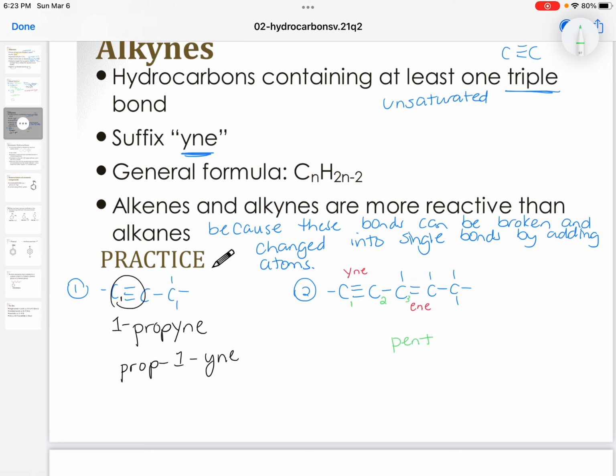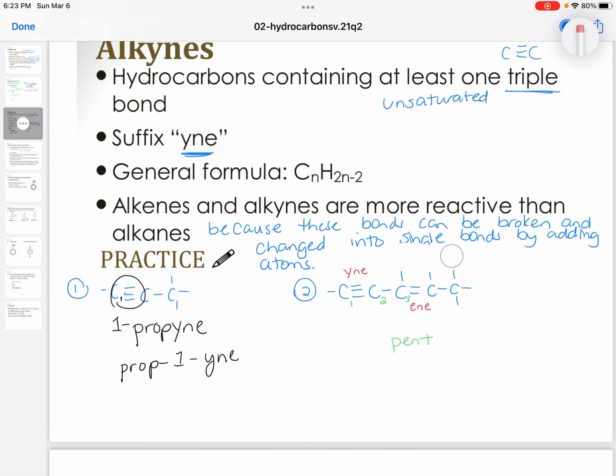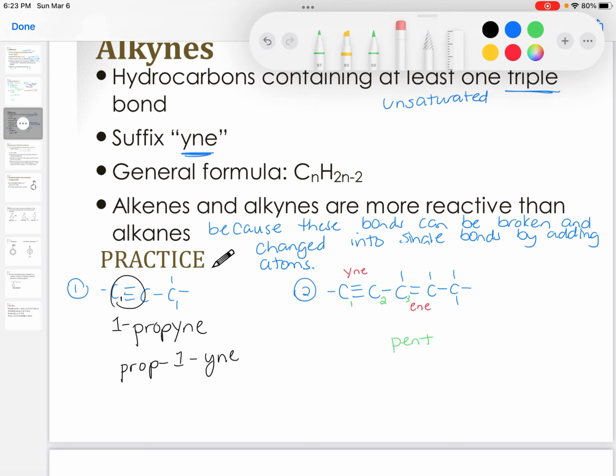If you went the other way, this would be 1, this would be 2. So the double bond would be on 2, and the triple bond would be on 4. That is definitely not as low as 1 and 3. So still checking that you're always using the lowest number.